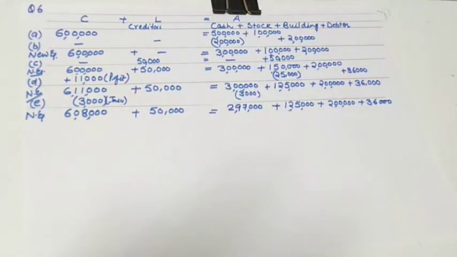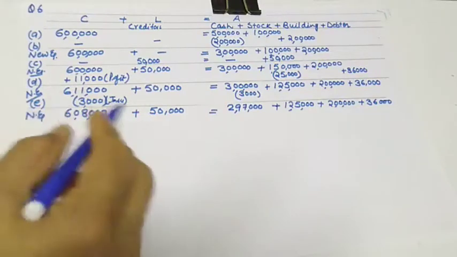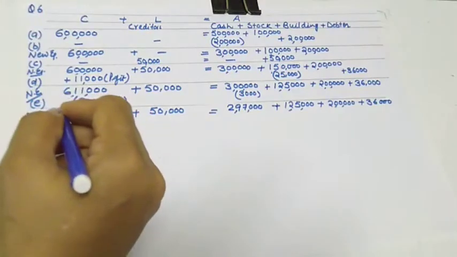So this is 297 plus 361. Yes, this is 658. Both sides are equal. Now let us do the next transaction.